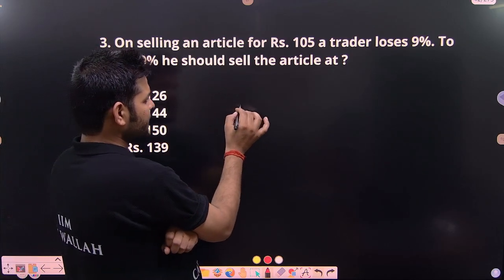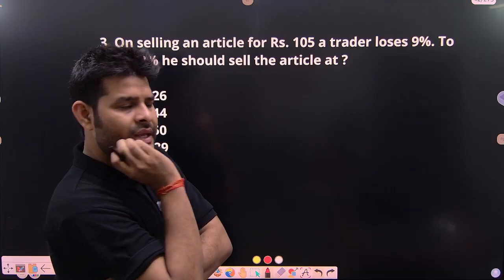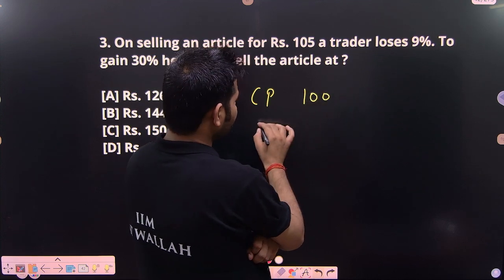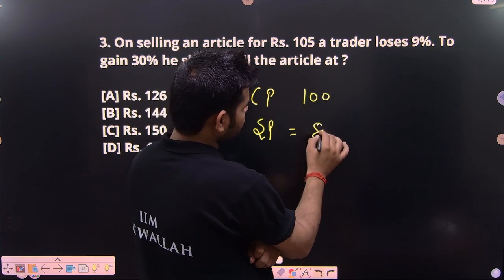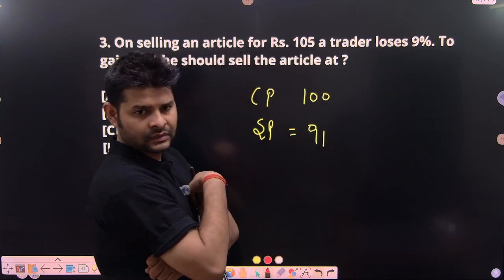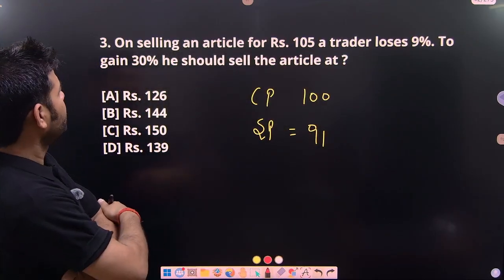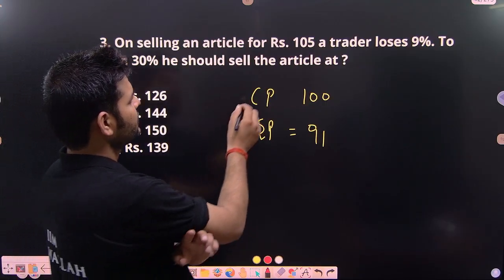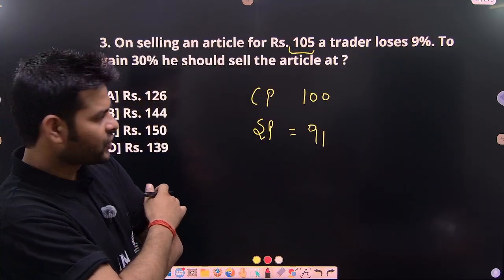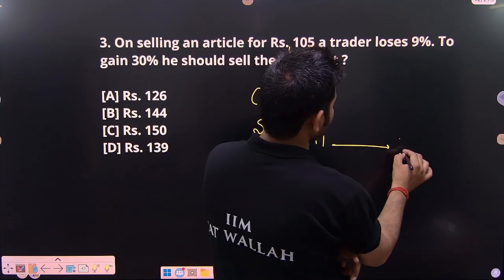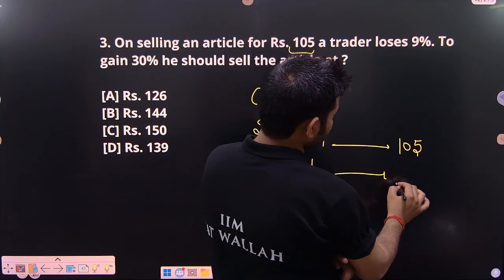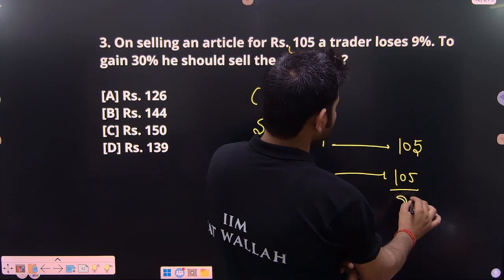Basically, 9% means if CP is 100, with a 9% loss, SP is 91. So 91 units represent 105, and 1 unit would be 105 upon 91.